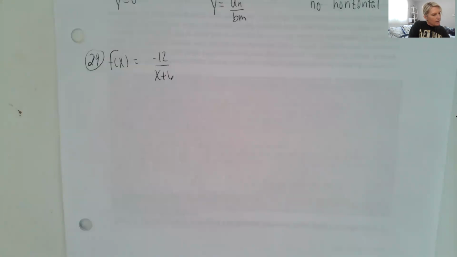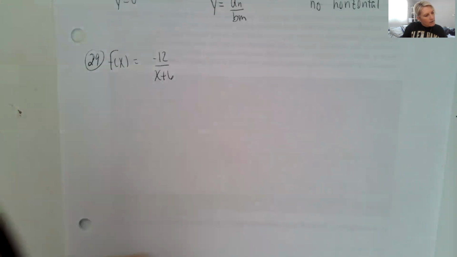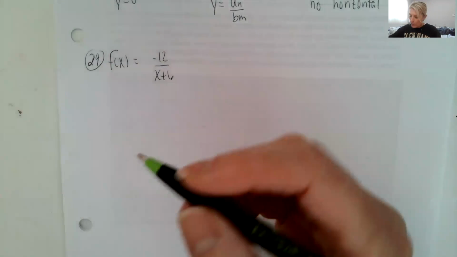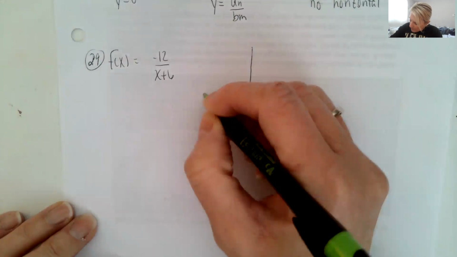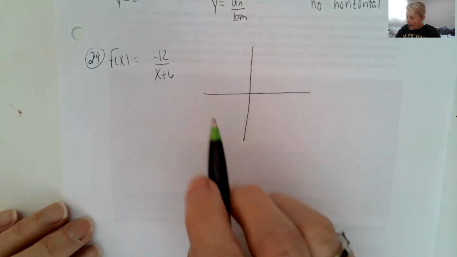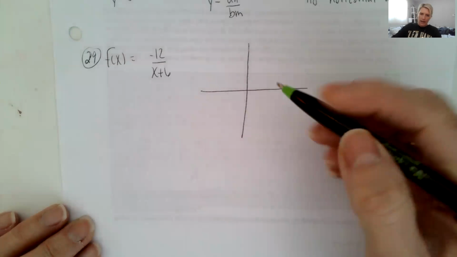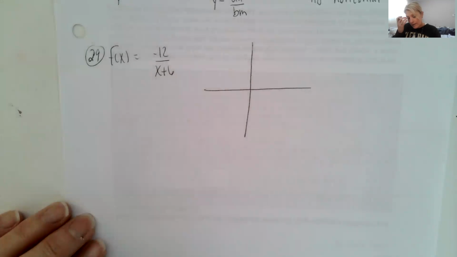So 29 says, sketch the graph of the rational function, indicating any vertical and horizontal asymptotes and all intercepts. So for 29, we're going to sketch a graph. And we're talking about a vertical asymptote. So we're going to learn about horizontal asymptotes in a minute.